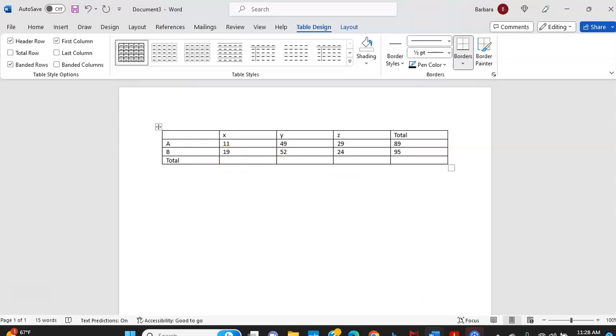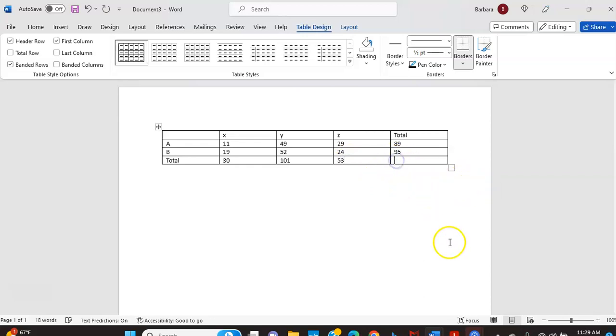Now I'm going to total up the columns. So 11 and 19 is 30. 49 and 52 is 101. And this should be 53.